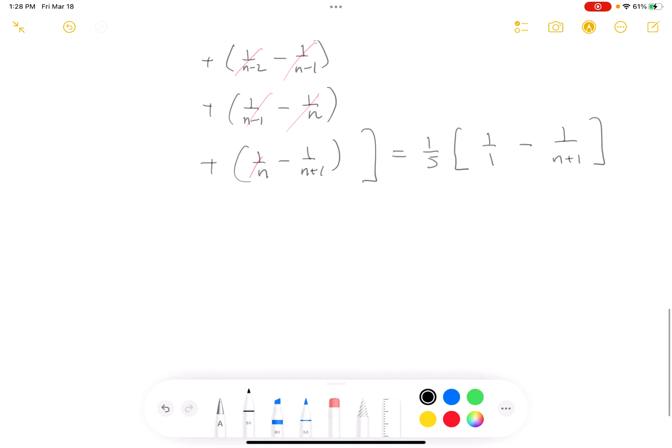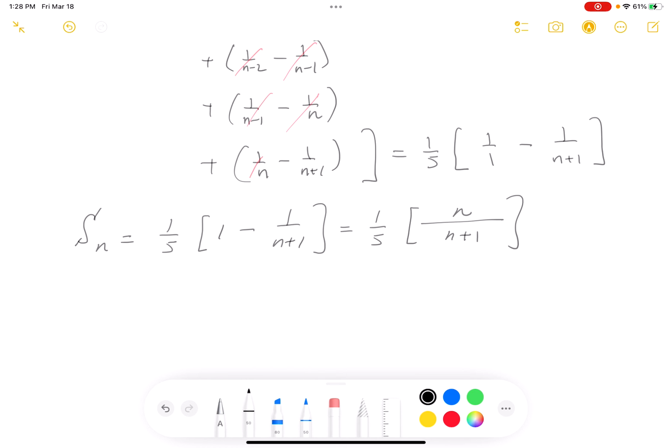All right, I'm going to claim Sn is equal to 1/5 times 1 minus 1 over n plus 1. Well, you know what? I like that answer, but I realize that maybe I simplified it in the notes. I can't remember. In the prior problem I did that, by the way, it comes down to n plus 1, and then we get n plus 1 minus 1, which is just n. All right, you can write it down that way as well.